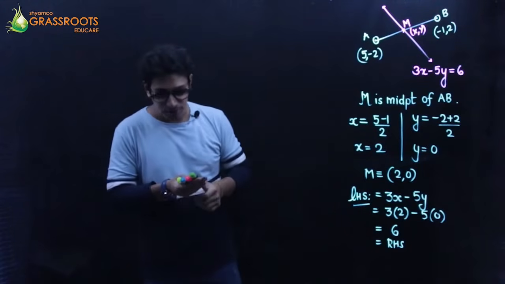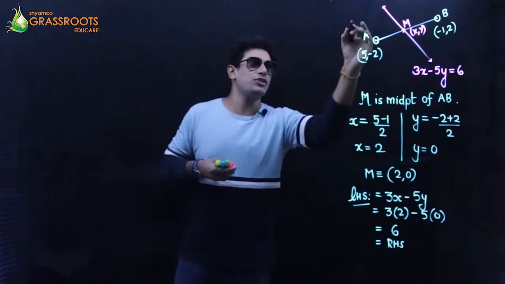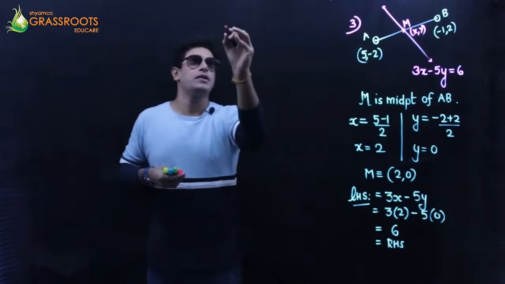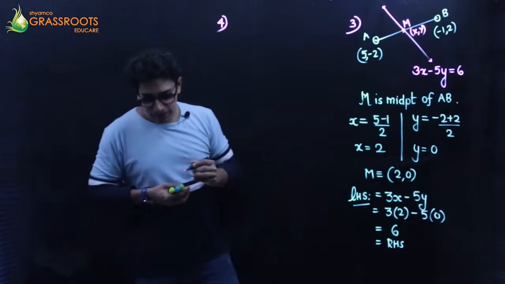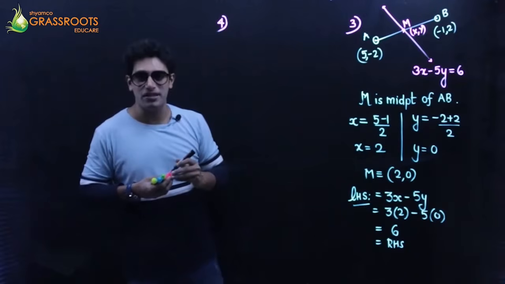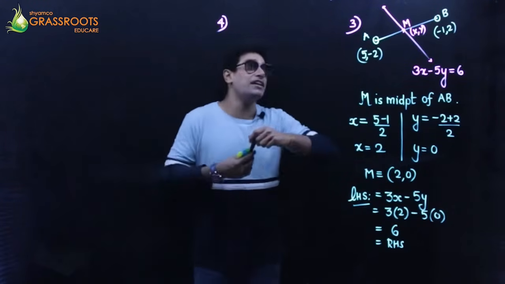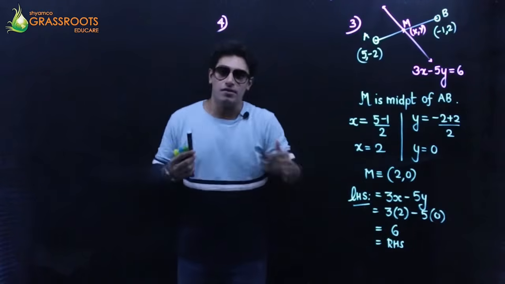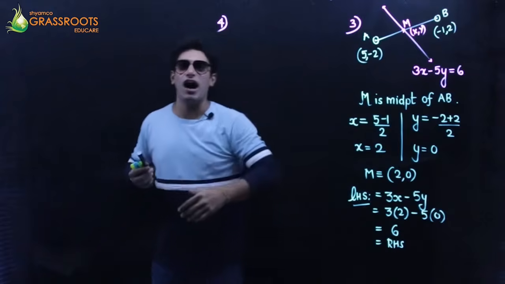Right, the next question. This was your question number 3. Talking about the fourth question: the line x minus 6y plus 11 equal to 0 bisects the join. It is the converse. The line is already cutting it into 2 equal halves.